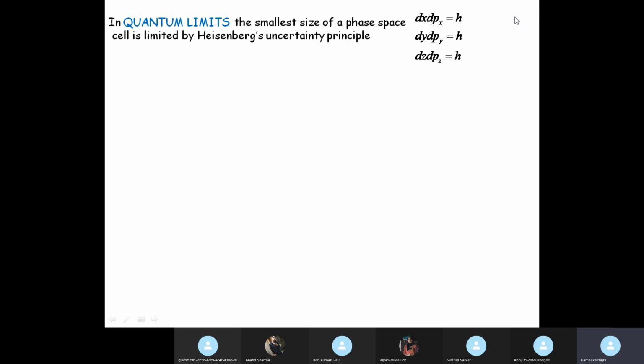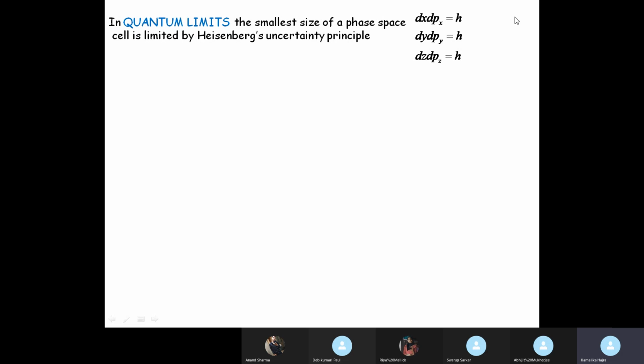And we know that according to Heisenberg's uncertainty principle, the product of such two complementary parameters, x px or y py or z pz, or for that matter t and delta E, energy, can at most be small only up to the limit of h, where h is the Planck's constant.